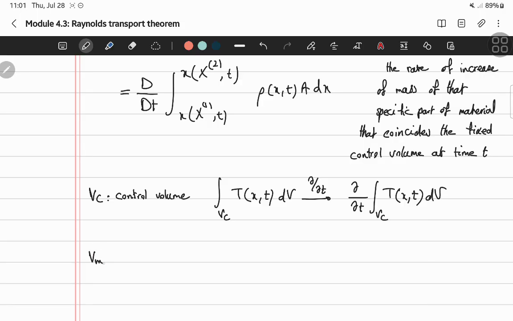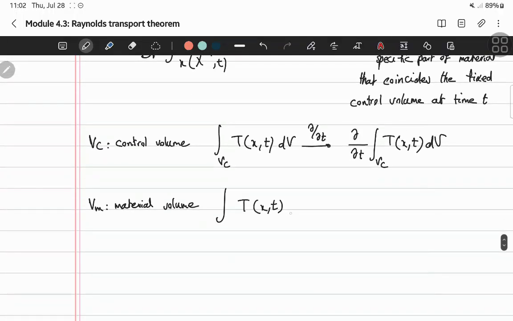But if I have the material volume and this arbitrary tensor T of x and t, dV over Vm, and I apply this partial derivative, then I can change it to the material derivative.